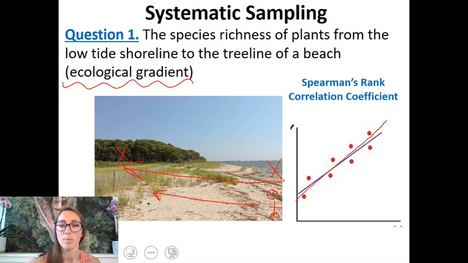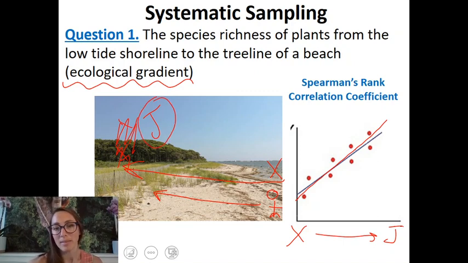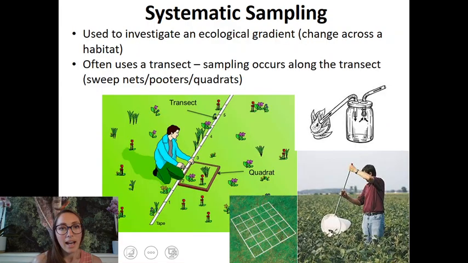So maybe from point X to point J along this transect, I'm going to plot it on my graph. I can see that my species richness, which will be on my y-axis, increases. So I've predicted a positive correlation, and this is described as systematic sampling.